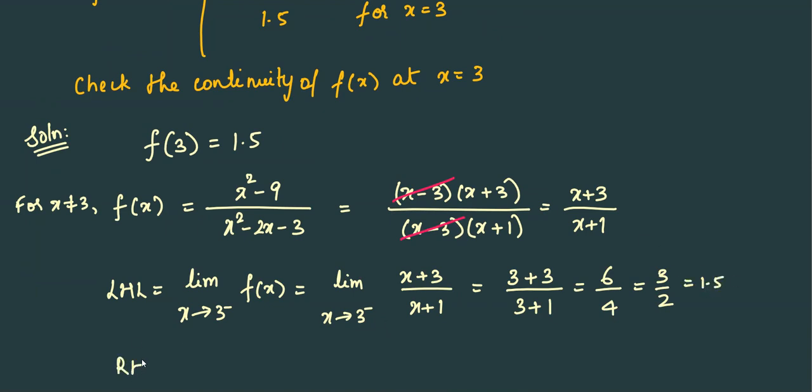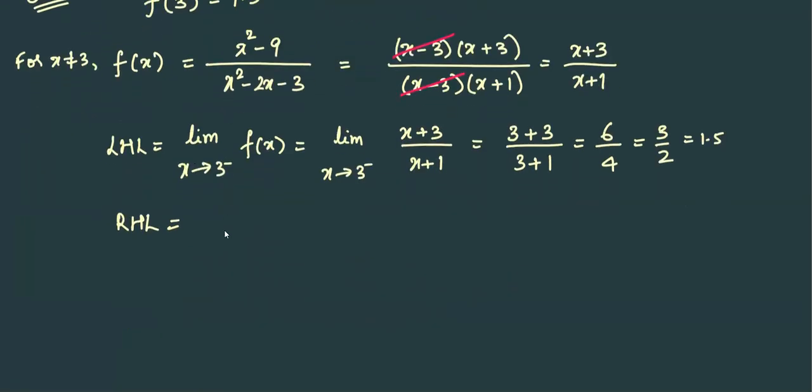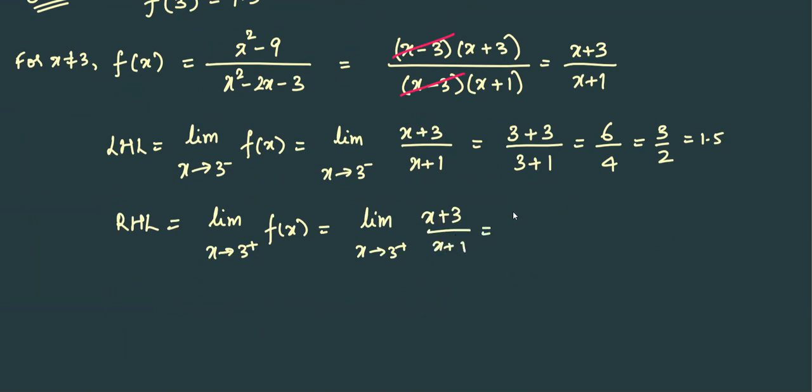Look at the right hand limit. Limit x tends to 3 plus f of x is equal to limit x tends to 3 plus x plus 3 by x plus 1. You get the same thing, 3 plus 3 upon 3 plus 1, which is 6 upon 4, which is 3 upon 2, equal to 1.5.